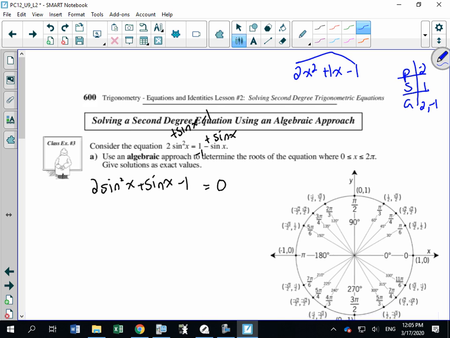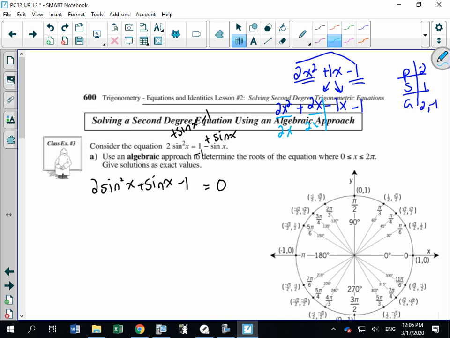So split this in half. Or sorry, say to yourself, how do you decompose 1x into the answer? 2x minus 1x would give you 1x. So 2x minus 1x. Bring down that negative 1. Bring down that 2x squared. There's our 4 terms. Split these 4 terms in half and group factor.